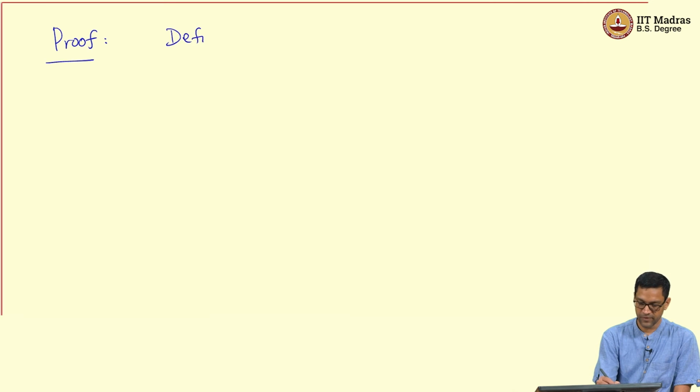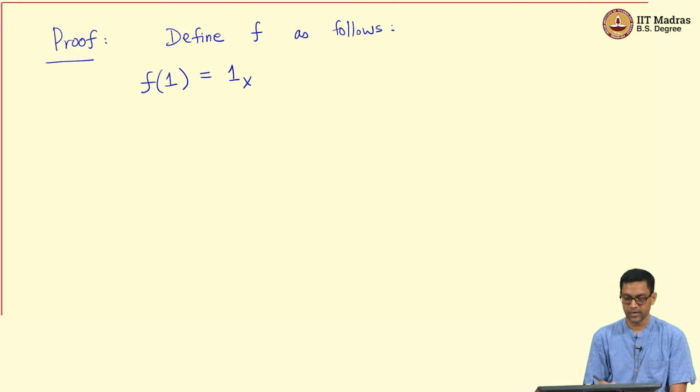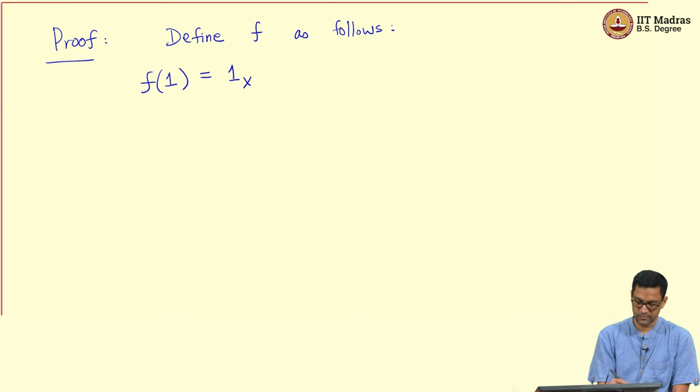We first have to define the function. So, define f as follows. We already know what we want to do, some things at least. We would like to map 1 to 1. So, let us send 1 to 1 and let us now define f by induction. Okay. So, this is the first thing we do.